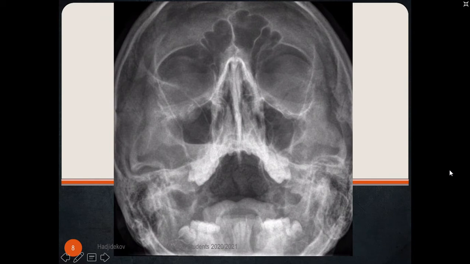But if we take a closer look here at the left lateral wall of the orbit, we don't see the contour delineation clearly. Probably it could be some traumatic changes on the lateral wall of the orbit. So of course, in this case, we will need to perform a CT after this radiogram.